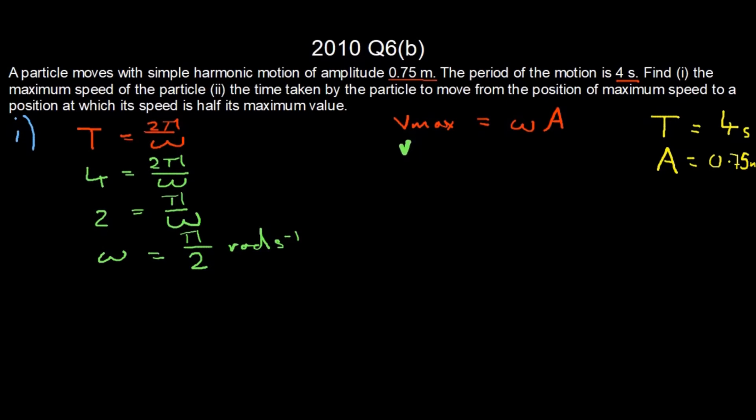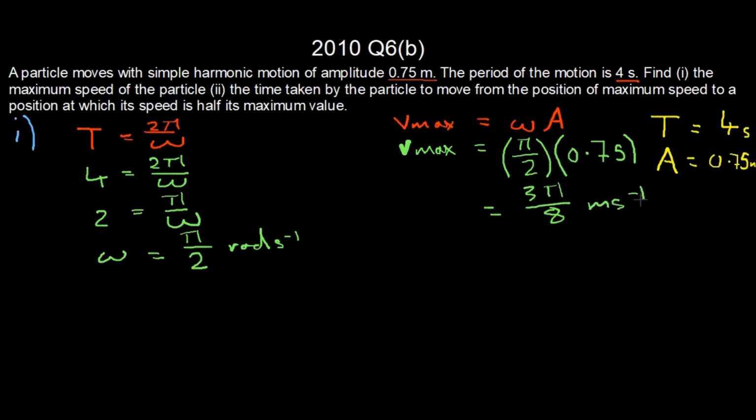So we get Vmax is equal to pi over 2 multiplied by the amplitude, which is 0.75, and the answer that you get is 3 pi over 8 meters per second. So that's the answer for part 1. That's the maximum velocity. Now we're going to go ahead and do part 2 of the question.